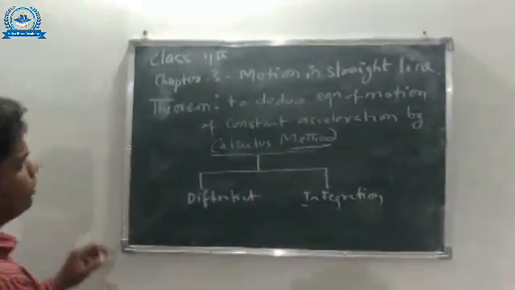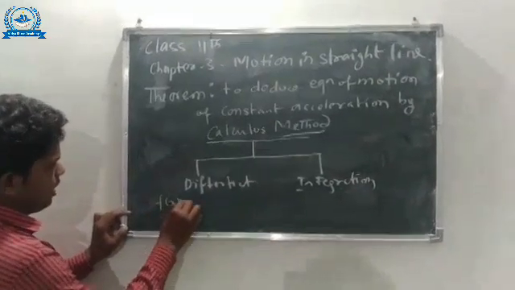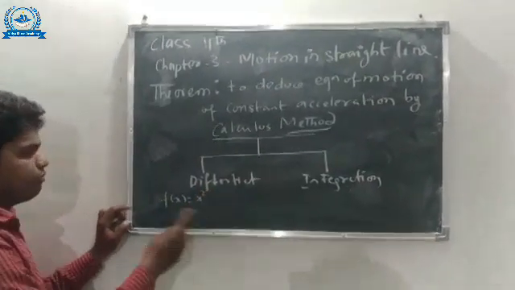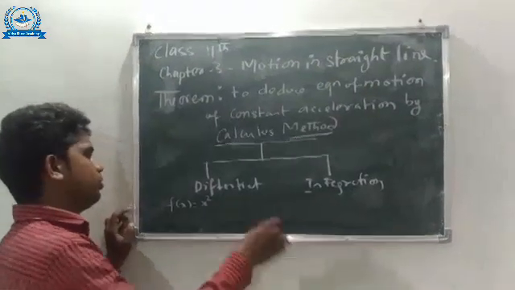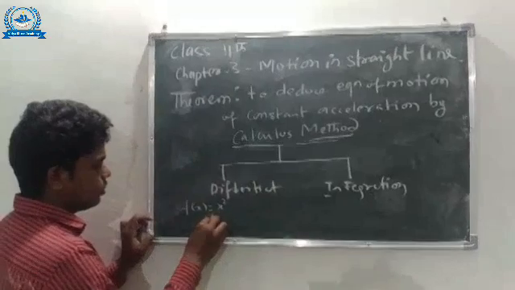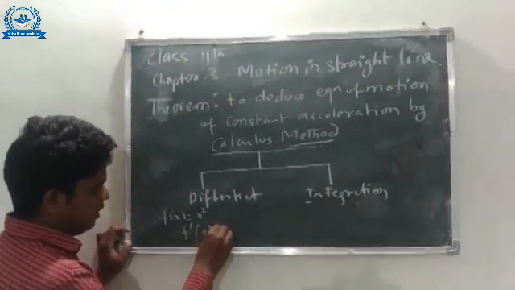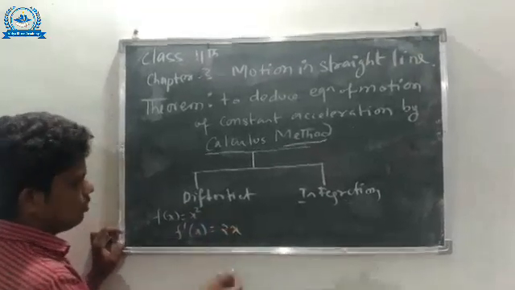So for differentiation, suppose f of x is x square. When we are asked to differentiate this function with respect to x, you should use this notation, and this will be solved as 2x.